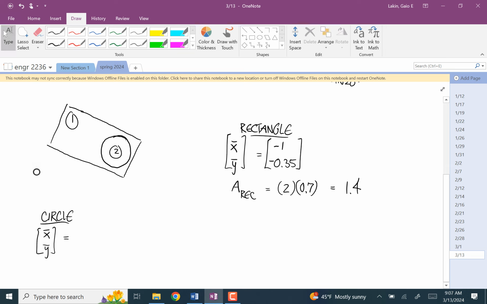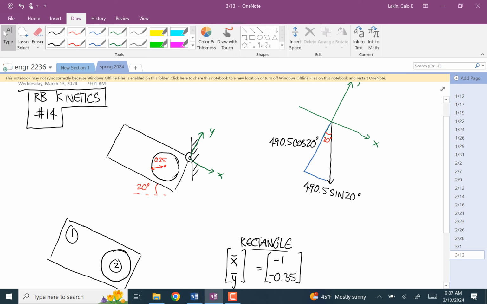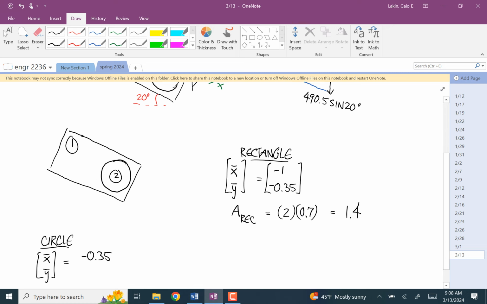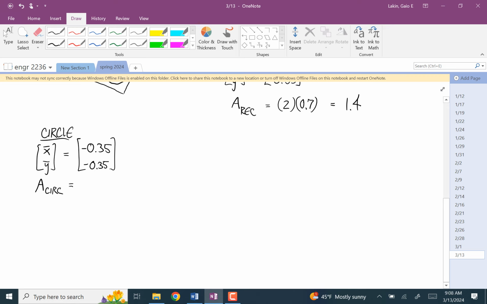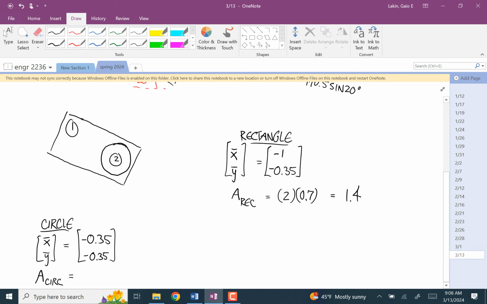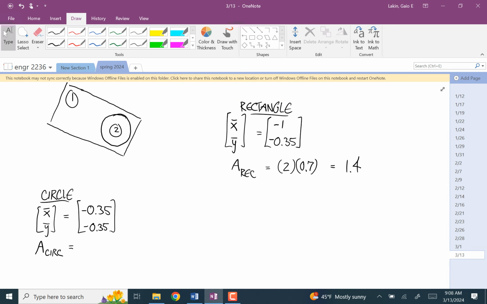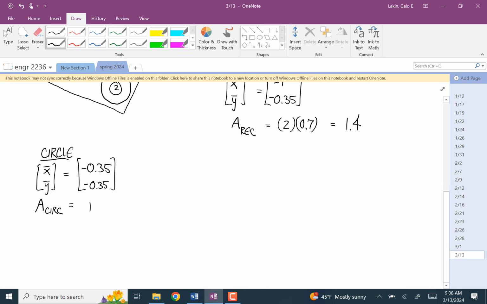And so this is 0.35 negative. And then the same thing for y. You're going to go 0.1 to get to the top of the circle, and then another 0.25, so negative 0.35. And the area of the circle, you can think of that as negative, but it's going to be pi times 0.25 squared.